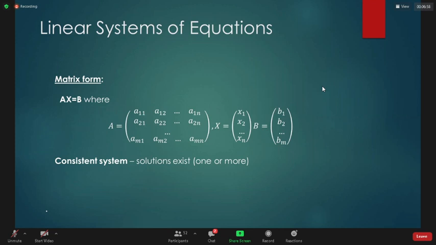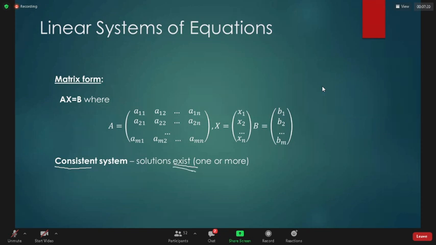Solutions exist. There are some sets of numbers, x1, x2, and so on, until xn, that can be put into this system, and the correct equality for each equation is obtained. One, maybe more. Consistent simply means yes, some solutions exist.